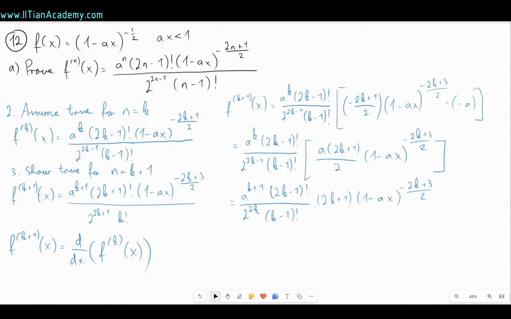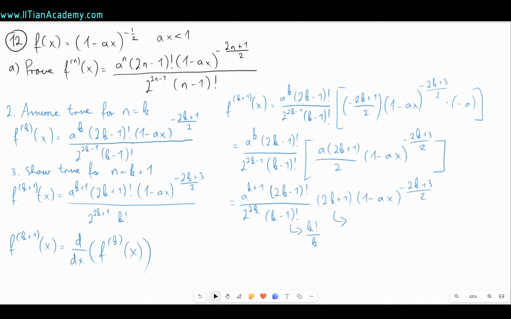So we can say that k minus 1 factorial is simply the same as k factorial divided by k, because k factorial is just k times k minus 1 factorial. So that's just the same as k times k minus 1 factorial over k, and that will just be k minus 1 factorial.